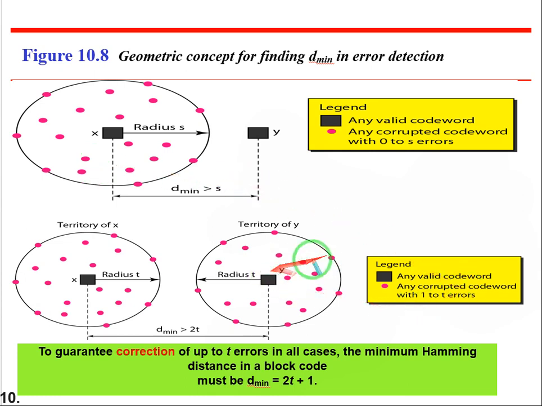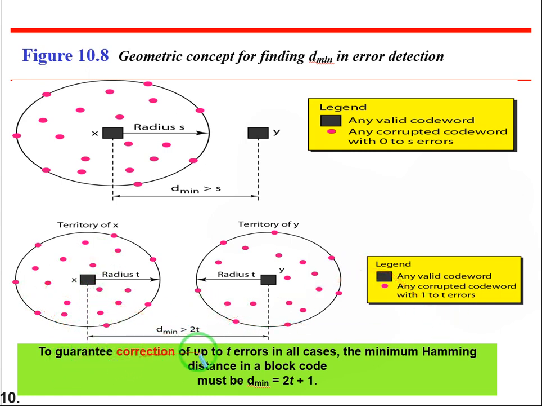Then coming to another one, where we have a territory of x and a territory of y. Again, this sign shows any valid code words, and this shows the corrupted ones.